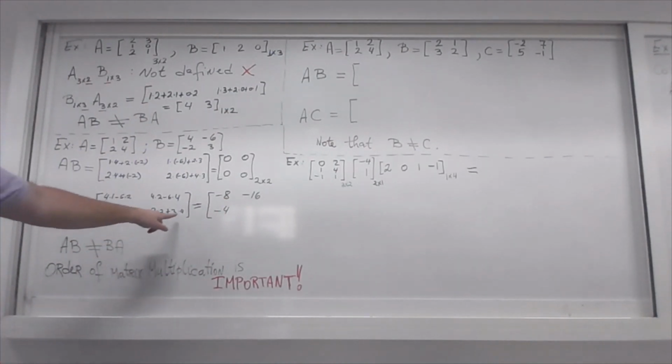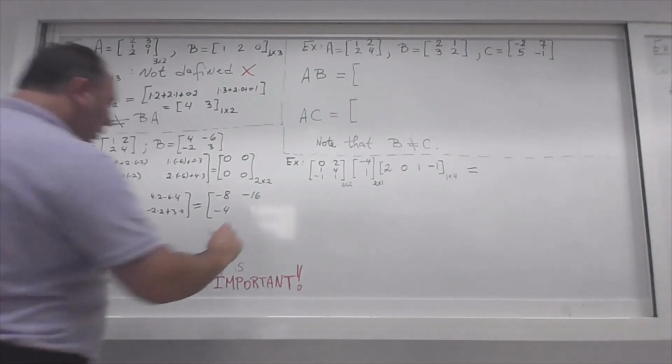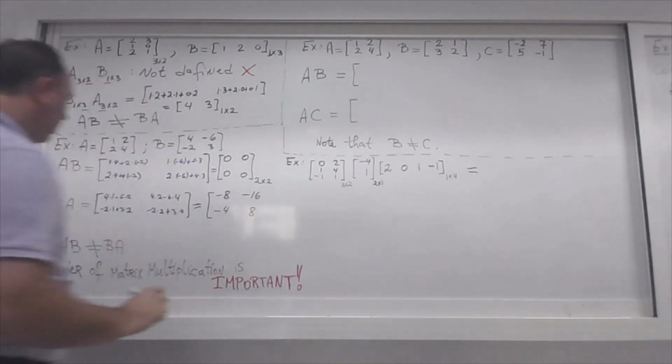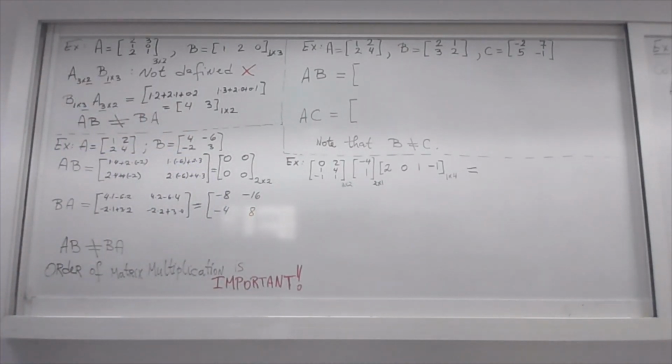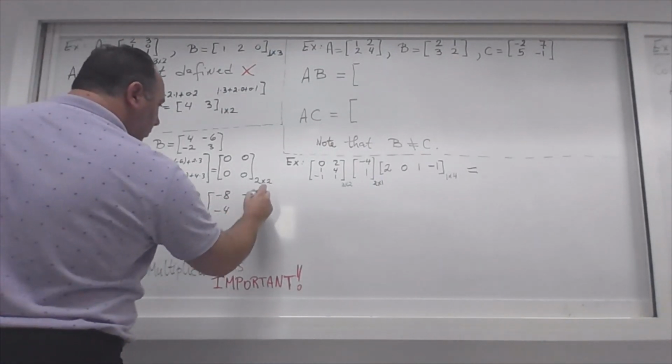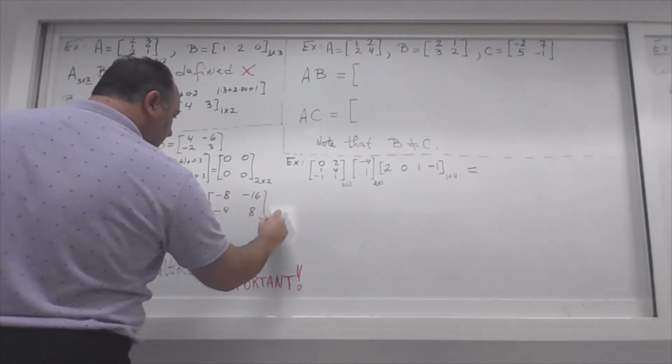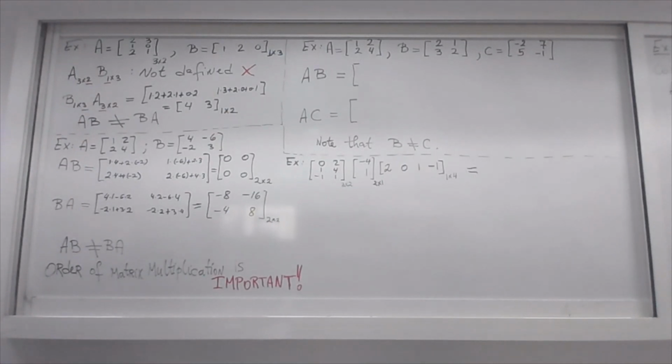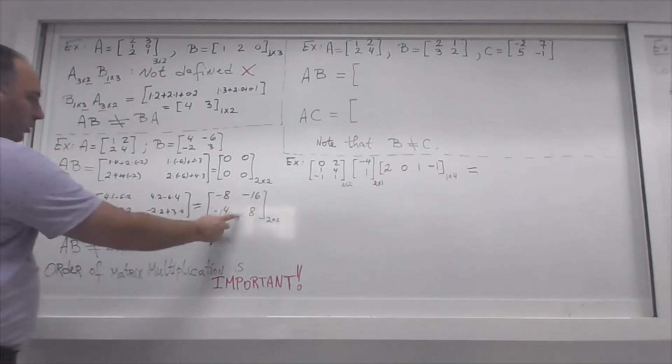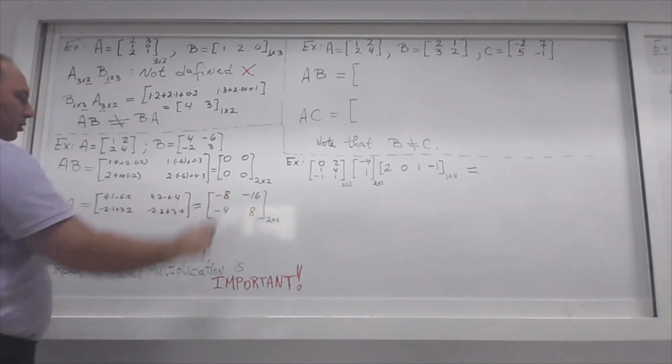Negative 4 plus 12, 8. Okay. And this is a 2 by 2 matrix. So again, we see that B times A is not equal to A times B.